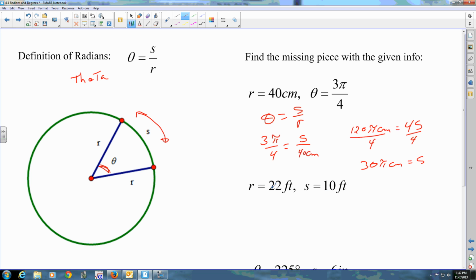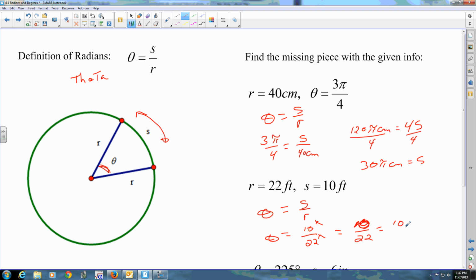Okay? They're telling you S and R, so theta equals S over R. Theta equals 10 feet over 22 feet, and the units cancel, so you get 10 over 22. Now, one of the things you should notice here, guys, is my 10 is awful.